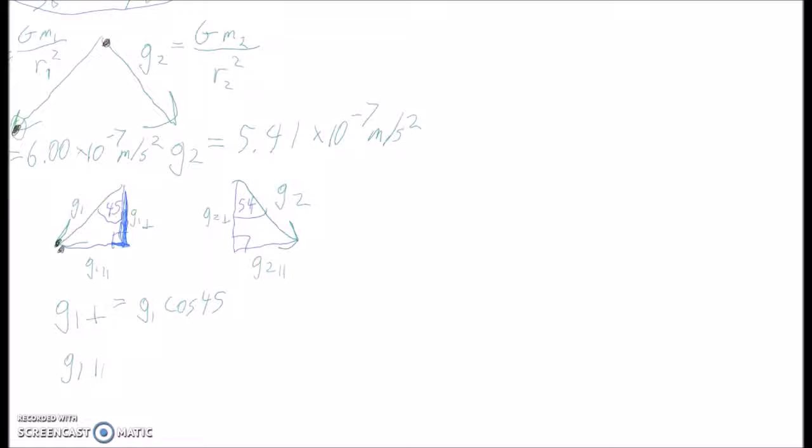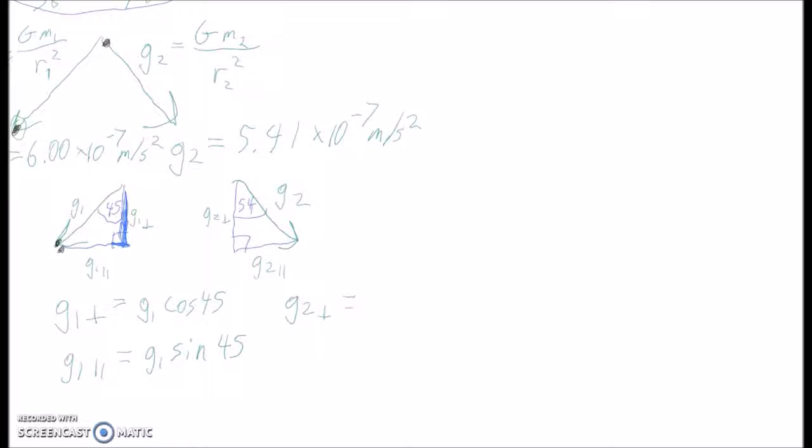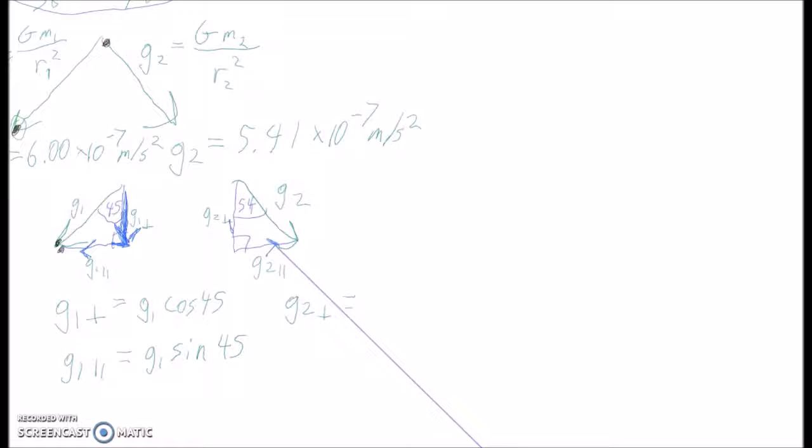G1 parallel equals G1 sine, because it's opposite, 45. And then G2 perpendicular equals, and if we want to look at these directions here, this direction is that way, this direction is this way. Oh. Something funky went on there. Okay.